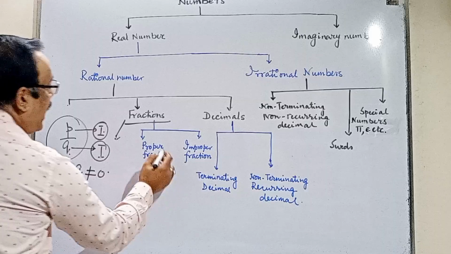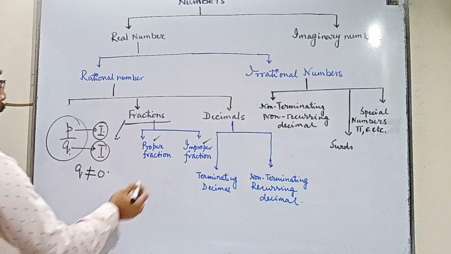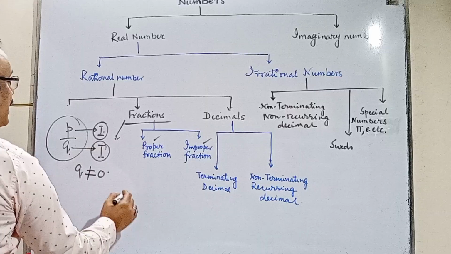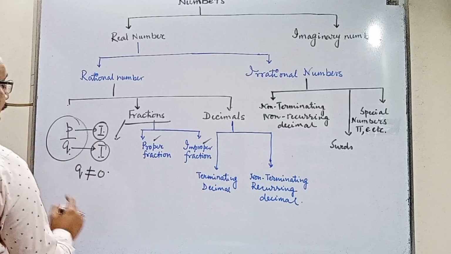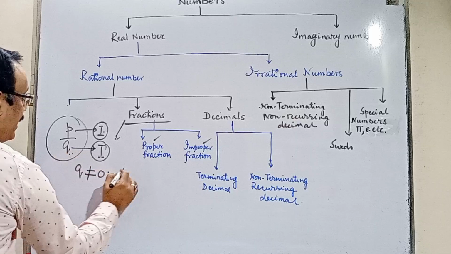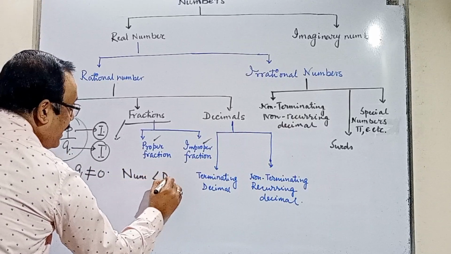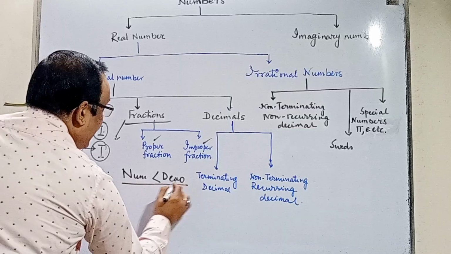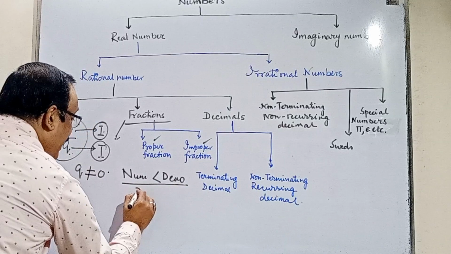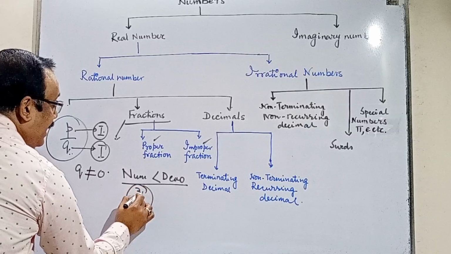Now these fractions are of two types, as shown: proper fraction and improper fraction. What are proper fractions? Proper fractions are those fractions where the numerator is less than the denominator. Say 3 by 4 is an example where the numerator is less than the denominator.